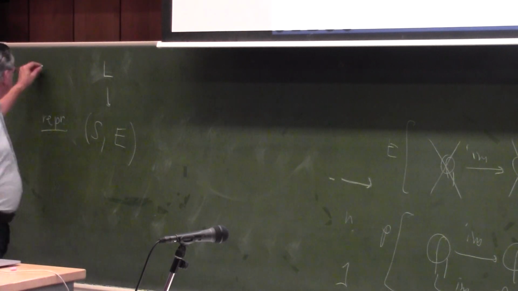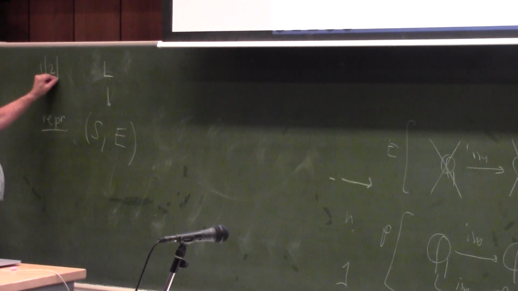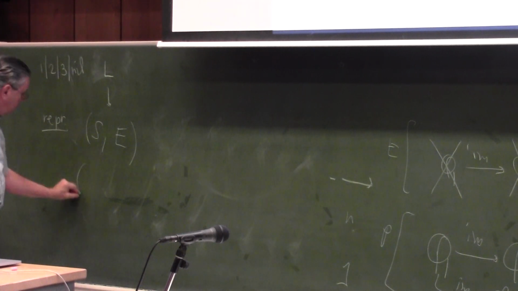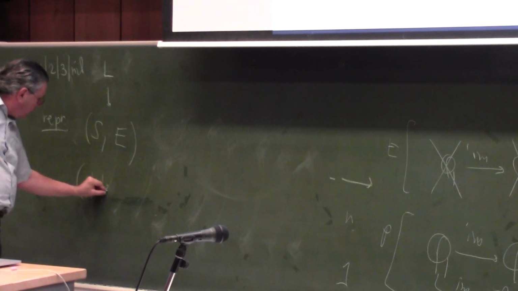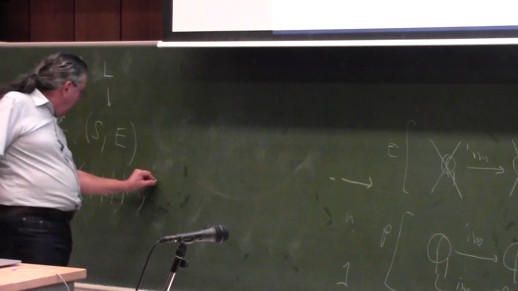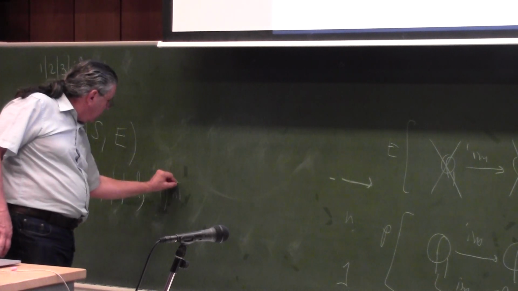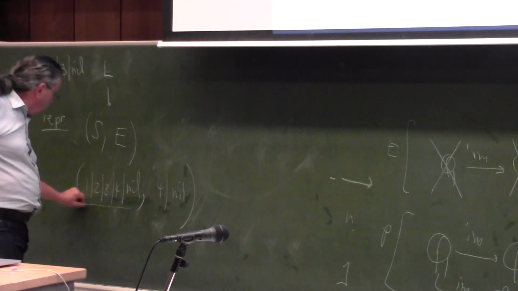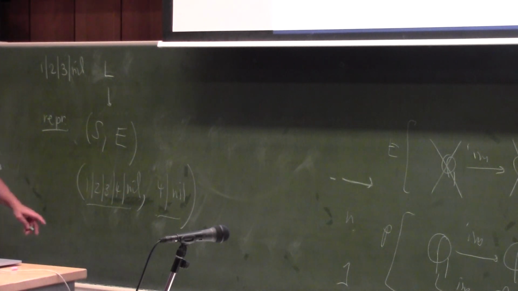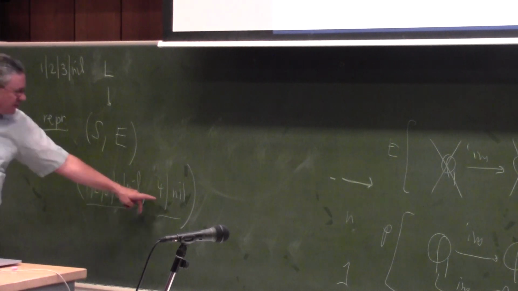So for example, if the list L is 1, 2, 3, then S#E could be 1, 2, 3, 4, 0 followed by 4, 0. Two lists, and the list that I represent is the difference of those two: this 1, 2, 3, 4, 0 minus this one.